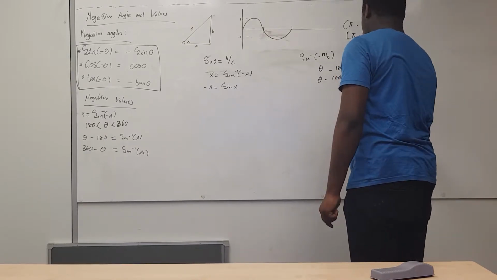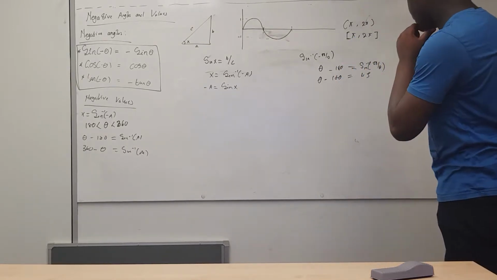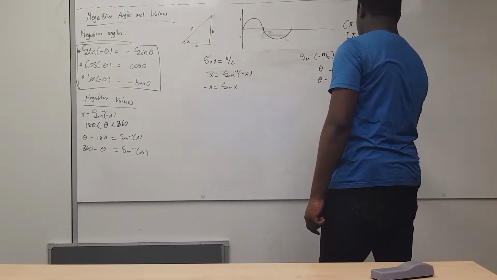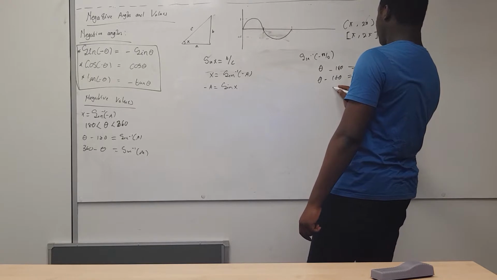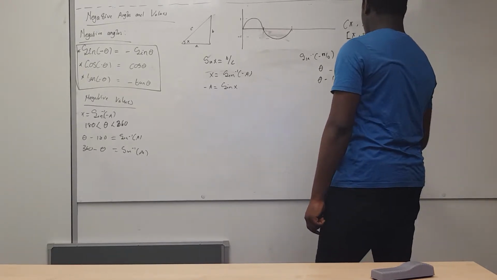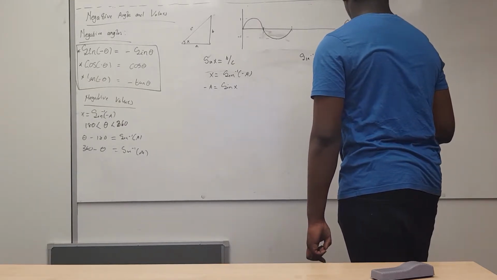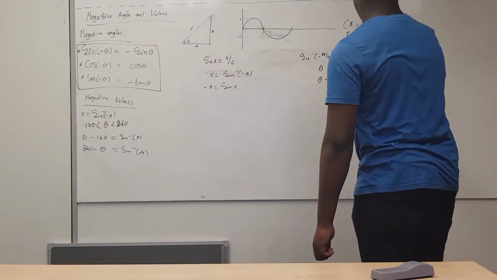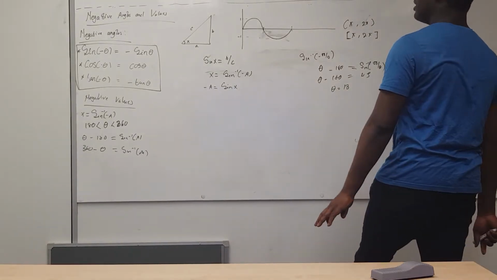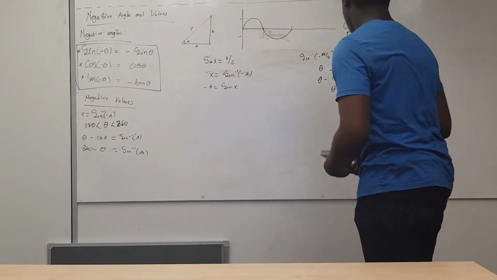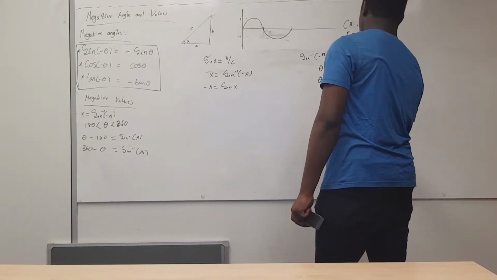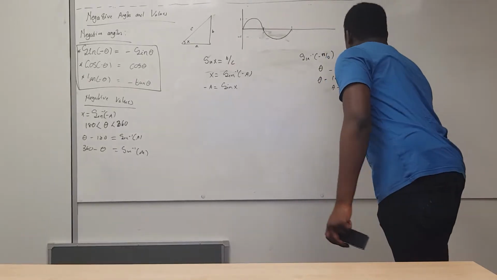That's 45 degrees. So if you solve for theta here, it's going to be 180 plus 45. That should be 225 degrees.